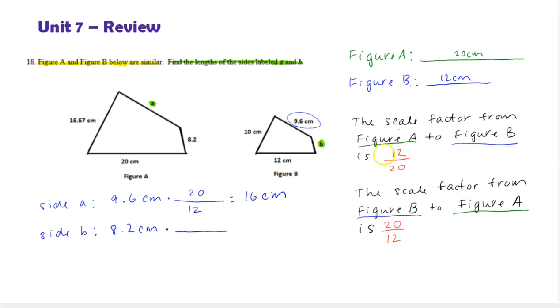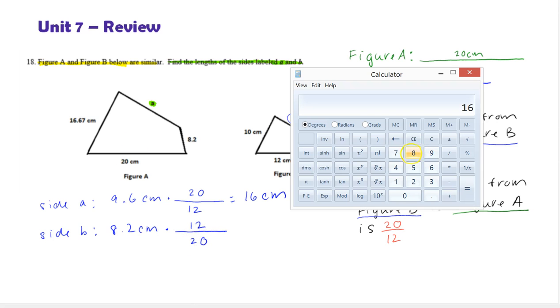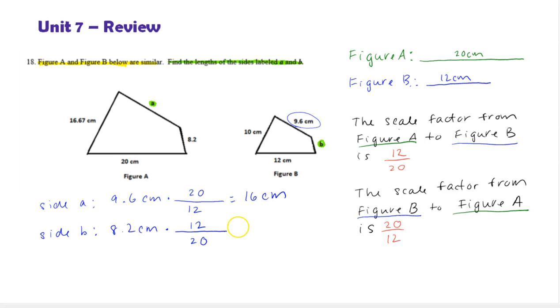We also found that to scale from A to B, the B value is in the numerator, the A value is in the denominator. So we're going to multiply by 12 over 20. So 8.2 times 12 divided by 20, and that's 4.92 centimeters.